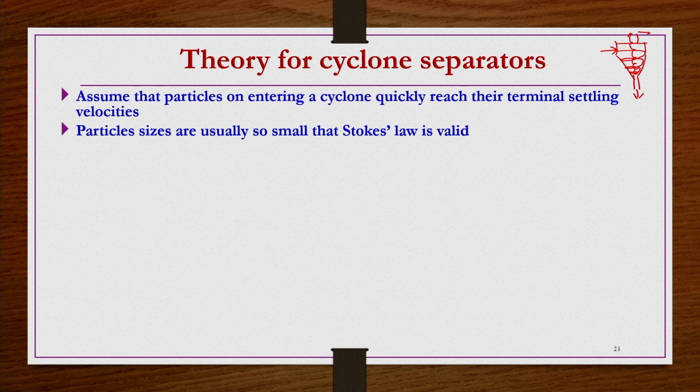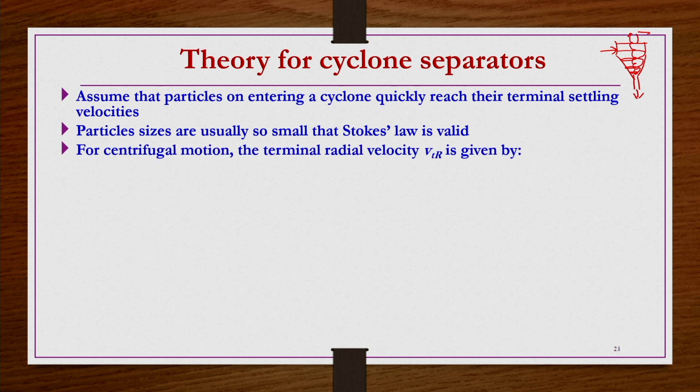The particles in gaseous effluents from industries are of very small, micron size. Such particles will obviously settle in the Stokes region, because their settling velocity would be low. Why? Because their particle size is of the order of 10 power minus 6 meters or even smaller.